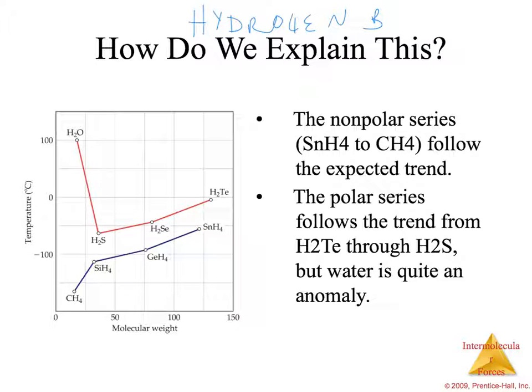Let's go from smallest to largest. So here we have CH4, methane, with hydrogens at the end.